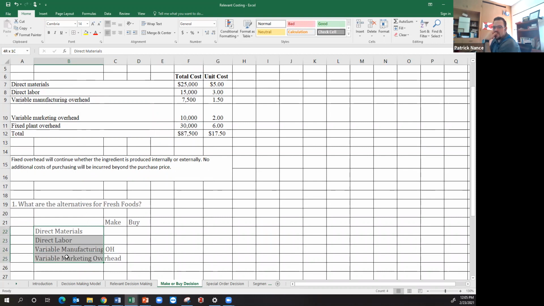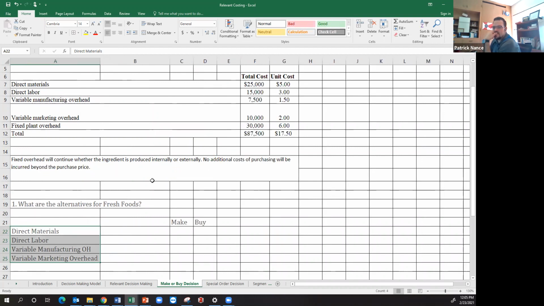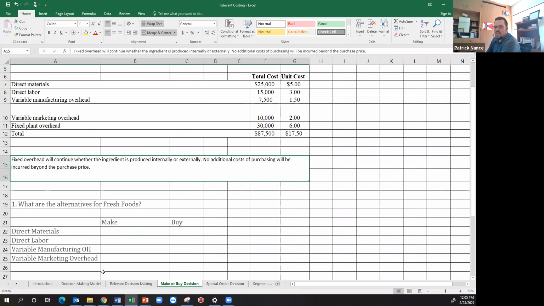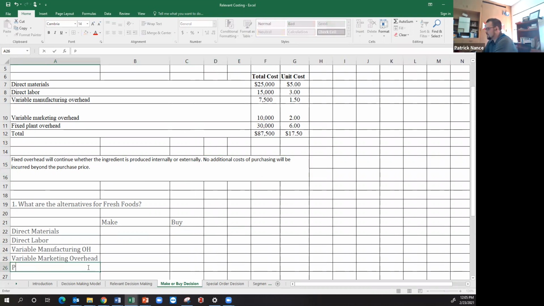And the reason is because it is an irrelevant cost. And it's an irrelevant cost because it does not differ across alternatives, because this specifically says, that we just read a second ago, that fixed overhead will continue whether it's produced internally or externally. So that means that it's not a cost I'm going to take into account. But as far as if I buy it, I do have a cost of purchasing.